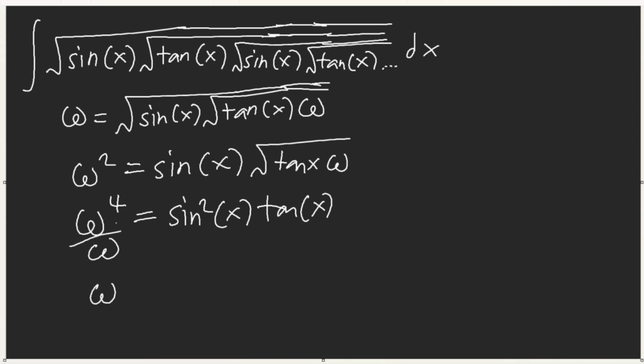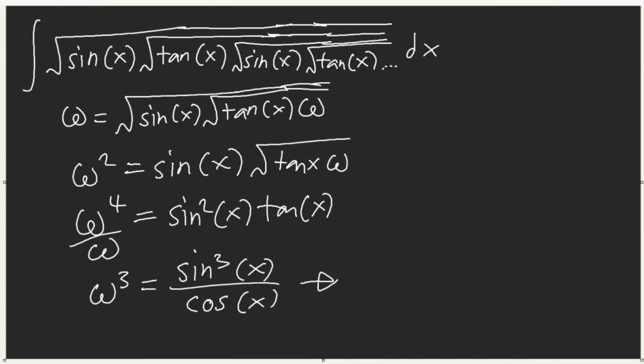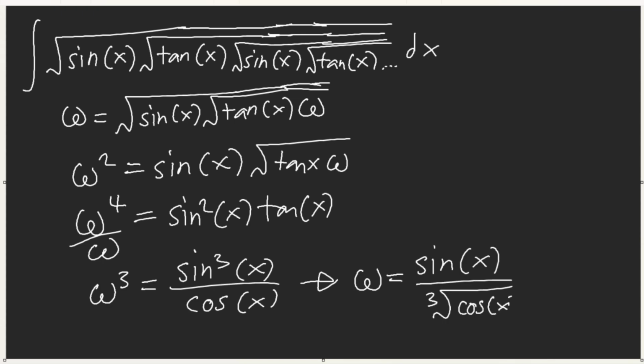So we have w cubed. And if you notice, we technically have sine cubed over cosine of x. So this infinite function, omega, is equal to sine of x over the cube root of cosine of x. Aha!